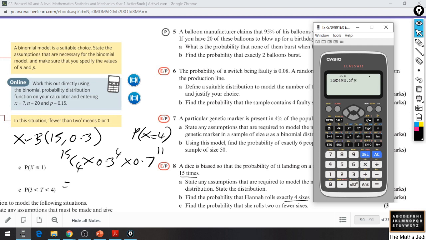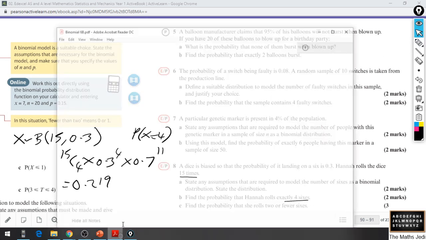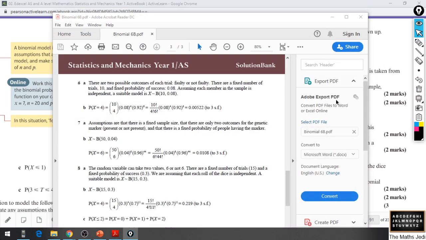Chance of failure, 0.7 to the power of 11. 0.2186, so 0.219 to 3 significant figures. Again, 3 significant figures unless stated otherwise. Just take a look at the answer to make sure we're there. And 0.219, so that's fine.